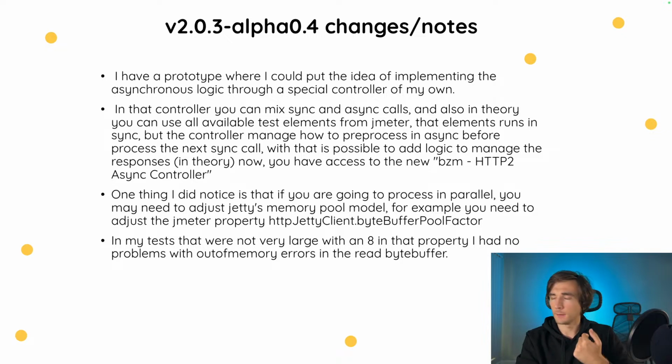Another important thing is that this async controller handles the async processing in terms of the JMeter engine. So we are able to get all the metrics in View Results Tree. So we solved two problems: parallel execution and gathering all the metrics in View Results Tree.